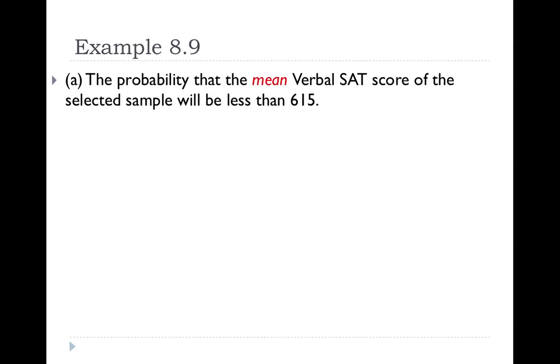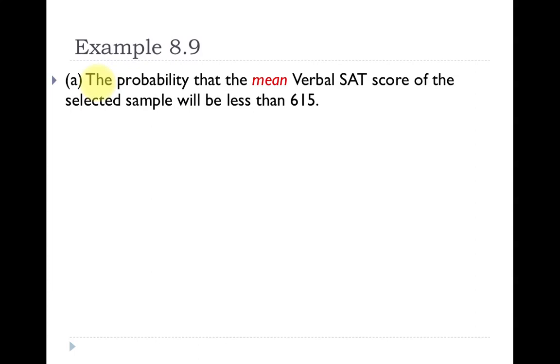Okay, so part A asks us to find the probability that the mean verbal SAT score of the selected sample will be less than 615. And this is where questions from this chapter are going to differ from questions from Chapter 7. In Chapter 7, you may see a question that asked, find the probability that a student's verbal SAT score is less than 615.